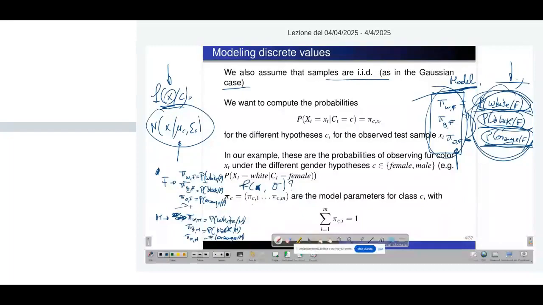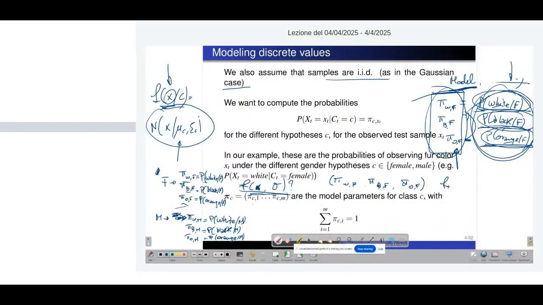I could make a model that looks more similar to the Gaussian model, where the probabilities are a function of some parameters. Here, we are doing the most trivial case, where this function, given the parameters that are the three probabilities, will just select the one that I need for my computation.